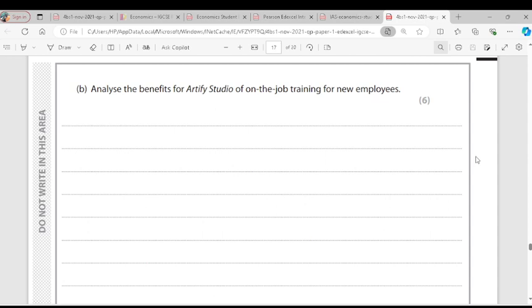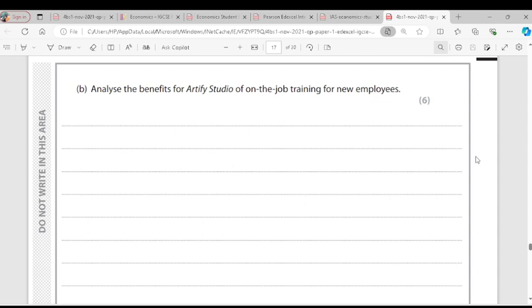So the two advantages are that existing employees will train you, so new employees learn from the experienced ones and know their responsibilities, and that the owners will know if the new employees are skilled enough for the roles they are about to carry out in the new studio. If not, they have to do further training, maybe through off-the-job training.